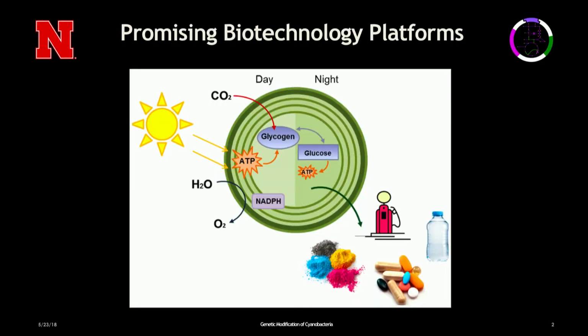All right. By now I think all of us will agree that cyanobacteria, or photosynthetic bacteria, are a good platform for producing useful products, although there are some issues. One of them is that they grow slowly, or most of them grow slowly.